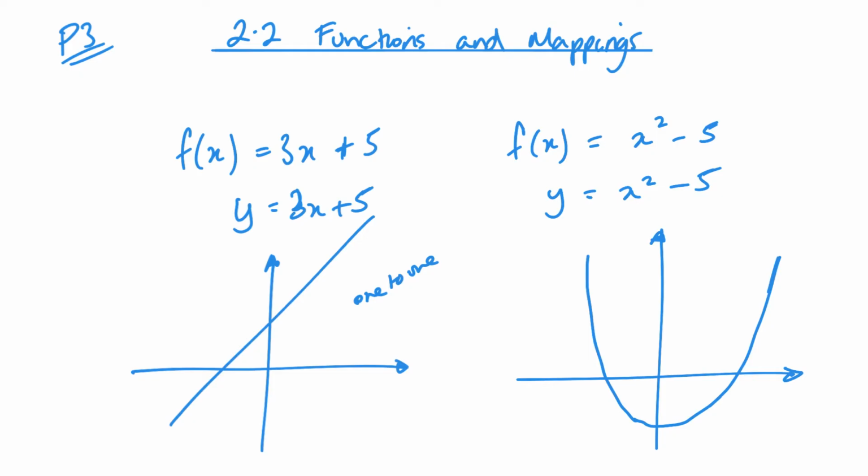And if I think about values of x, say -1, it gives me a very specific value of y, doesn't it? -1 squared is 1, minus 5 is -4 there. But also, 1 will give me that same value of y.